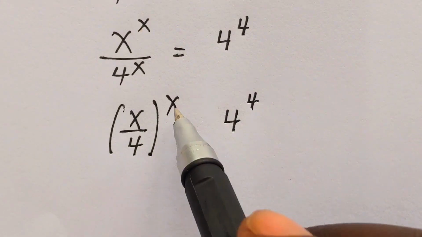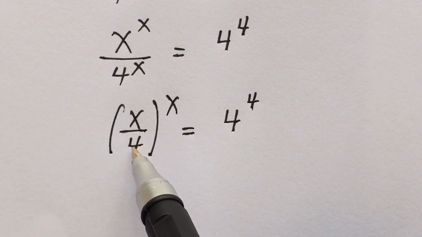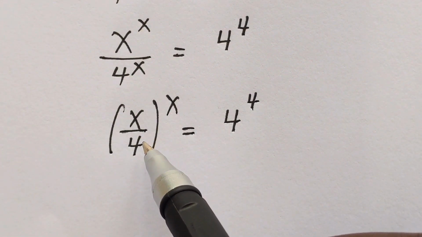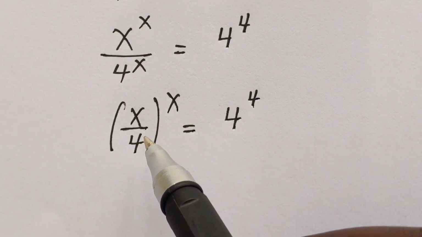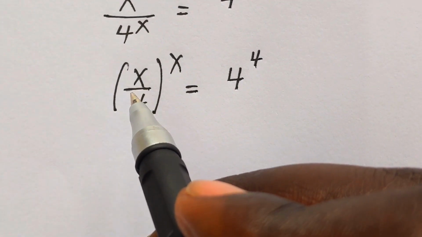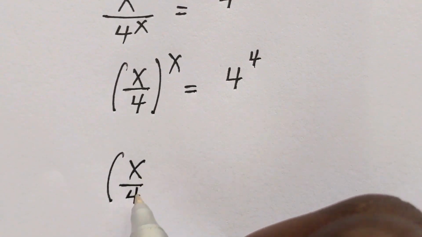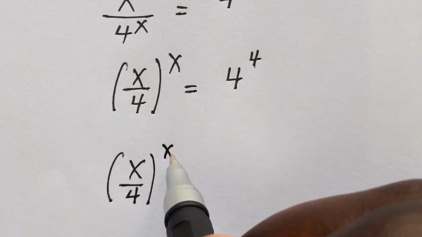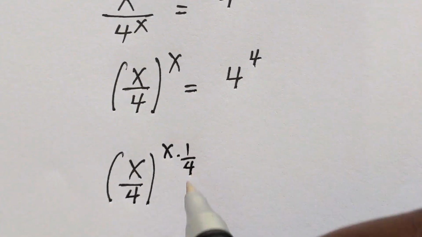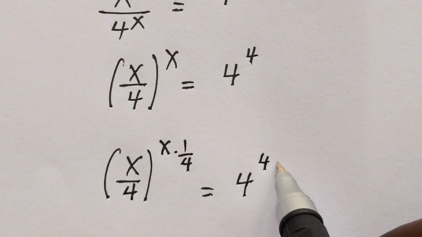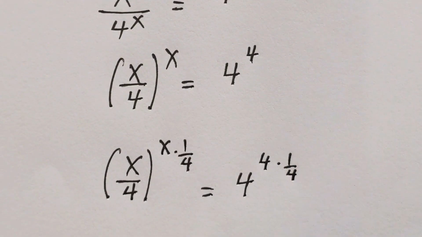So in order to look the same as the base that we have right here, what should we do? We should raise to the power of this number. So we have here x over 4 power x times 1 over 4, and right here will be 4 power 4 times 1 over 4.